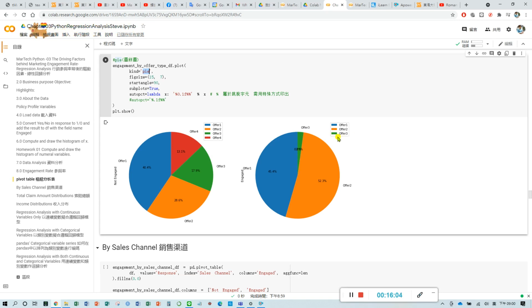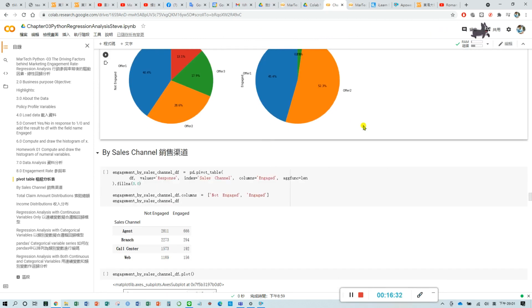What about offer 4? No. There is no offer type 4 among the engaged. So it means the offer 4 type didn't take the auto insurance. Okay, with this diagram, you may see the distribution for different variables.